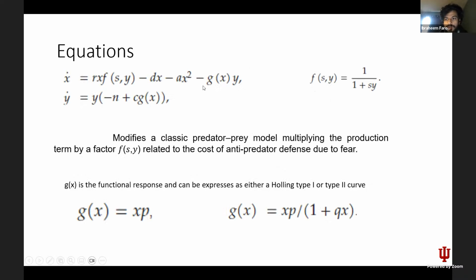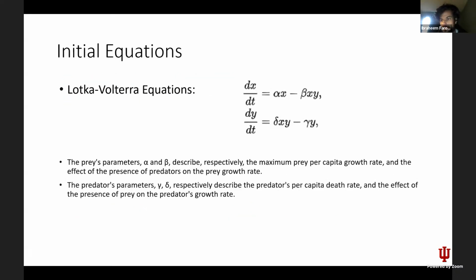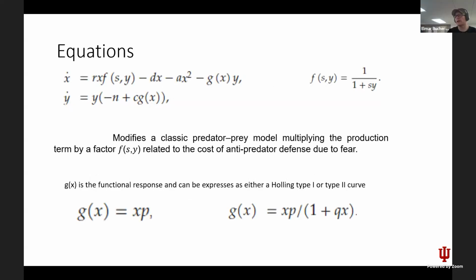You can replace beta X with this g(x) functional response, which is a more complex representation of that term, and that can be replaced by different Holling type curves. And one is type I, which is basically what we were looking at before, this beta X. So your decay term is its own function. Got it. Thank you. Cool, no problem.